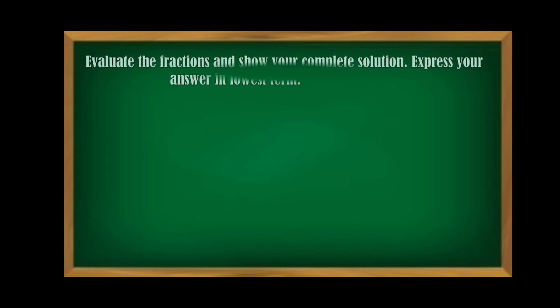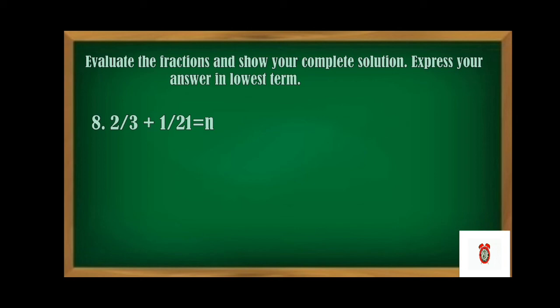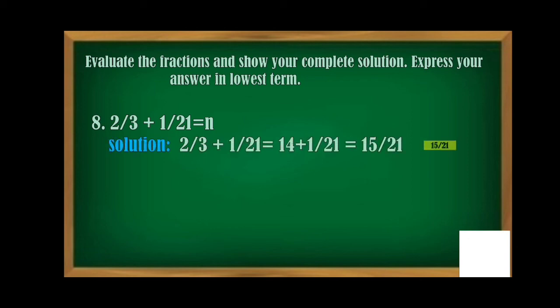For number 8 to 10, evaluate the fractions and show your complete solution. Express your answer in lowest terms. For number 8, 2/3 plus 1/21 equals n. So here is the solution. And the final answer is 15/21.